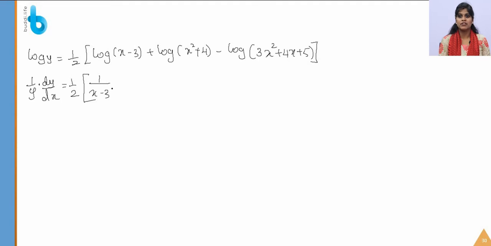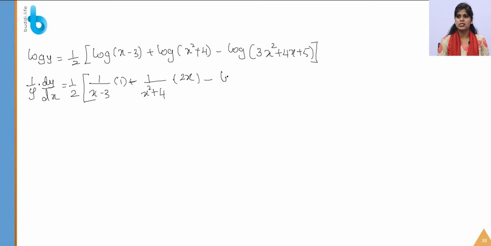Again, we have to differentiate this polynomial function. Differentiation of x minus 3: this is a constant, so you will get 0, and we differentiate only x. Differentiation of x is 1. Next, log of (x square plus 4) gives 1 by (x square plus 4), and differentiation of x square plus 4 is 2x plus 0.